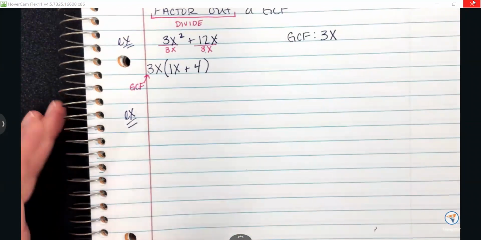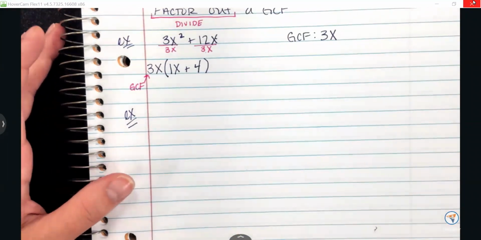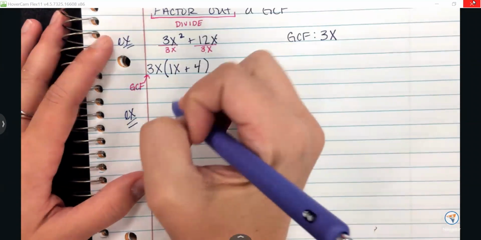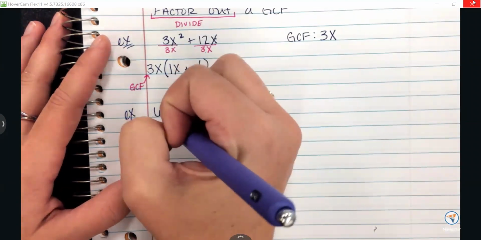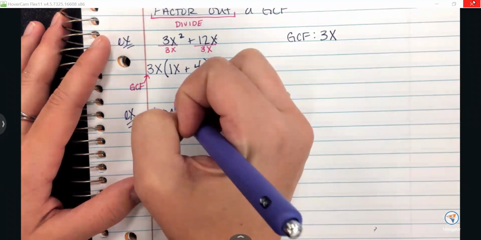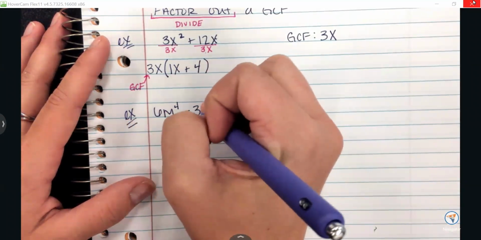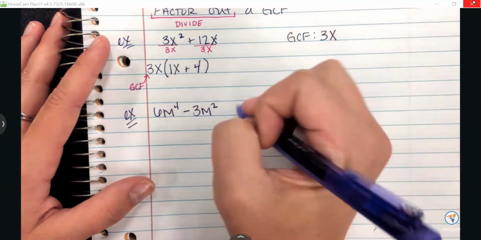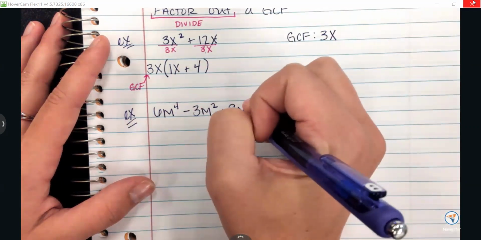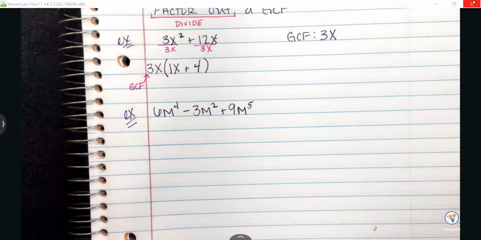So here's what's going to be a little different about this one. Write it down, but don't get started yet because we got to talk about something. 6m to the 4th minus 3m squared plus 9m to the 5th.